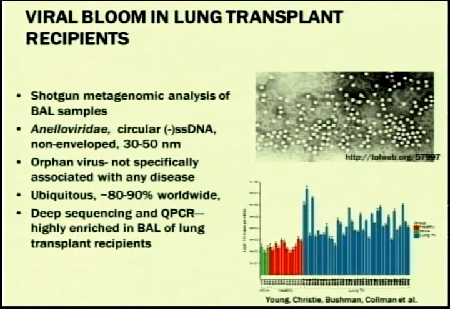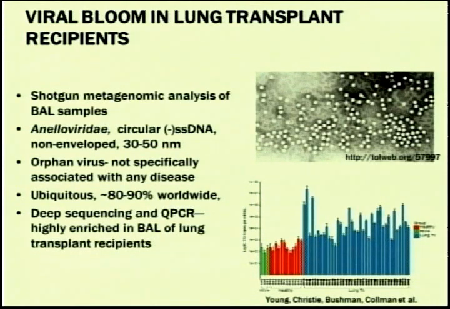So let me end this little bit on viruses with a study of animal cell viruses. This is, again, work with Ron Collman, led by Jackie Young and Jason Christie. Here, the study is lung transplant recipients, taking lung washes, bronchoalveolar lavage, purifying viral particles, then purifying DNA and sequencing.